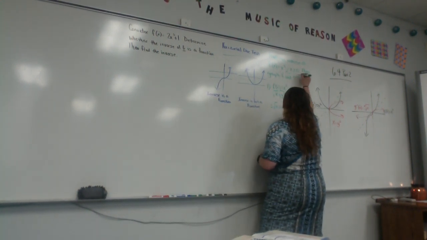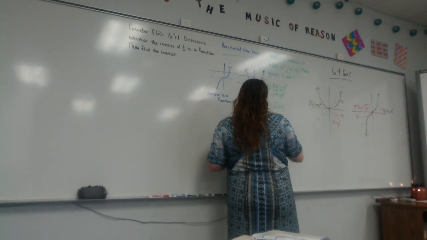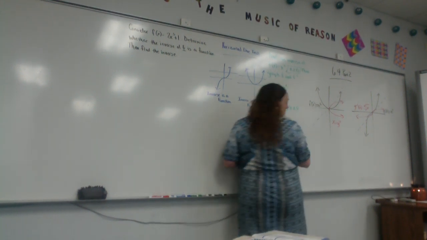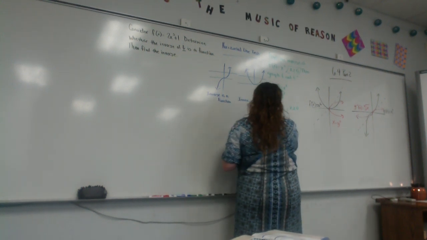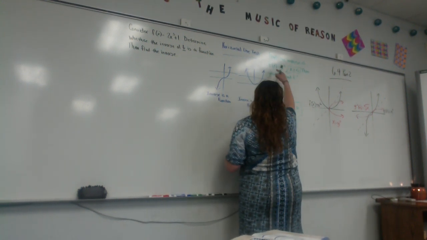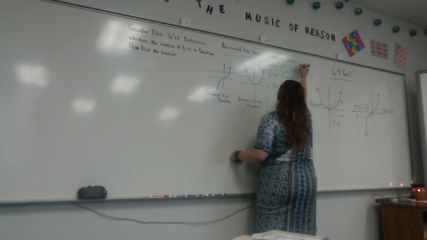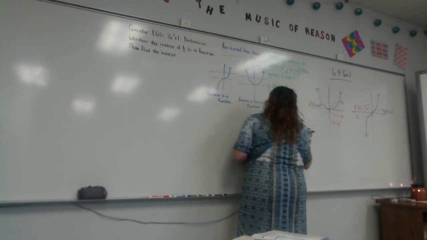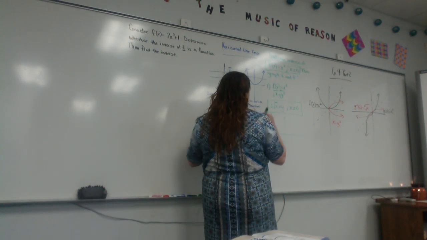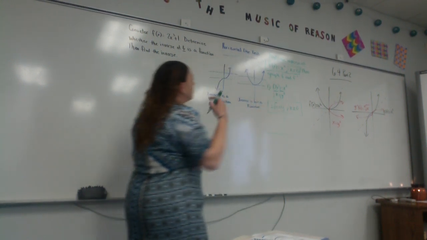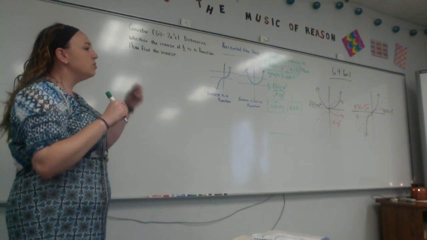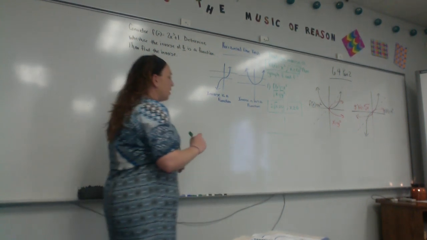If this is a restriction for the function, then that also has to be a restriction for the inverse function. Does that make sense? So I'm working with graphing this equation here along with this equation here. Let's graph the top one in green. If I graph f of x equals x squared in green, but I know my x has to be greater than or equal to 0, what type of numbers can I plug in?